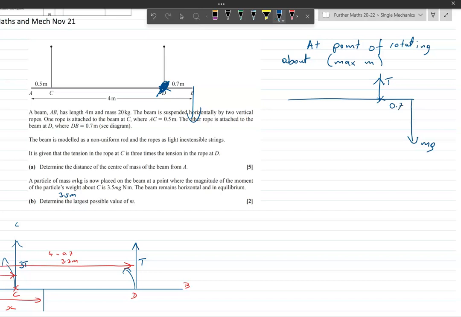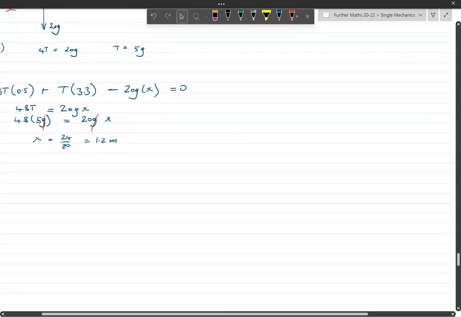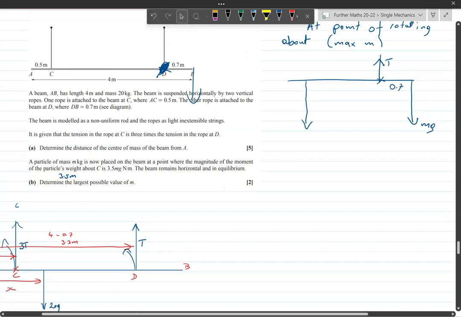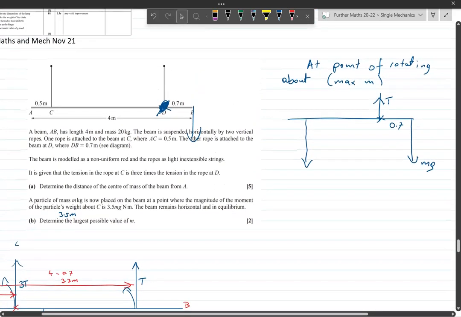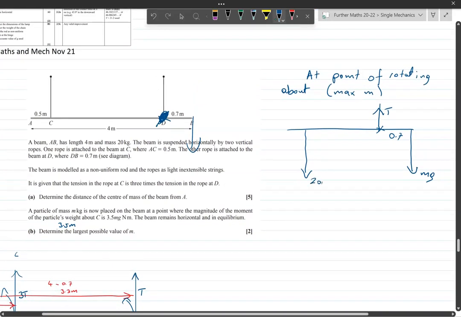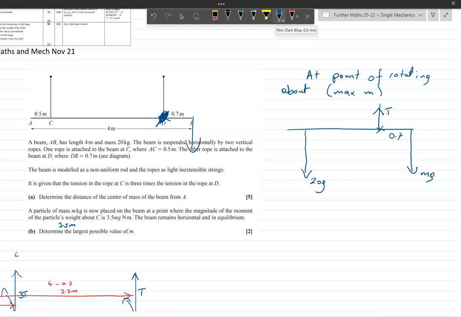So this is 0.7. The weight of the rod is told to us as 20g. We've worked out this length is 1.2. Because it's 4 meters long, this must be 2.8, which means this here is 2.1 meters.